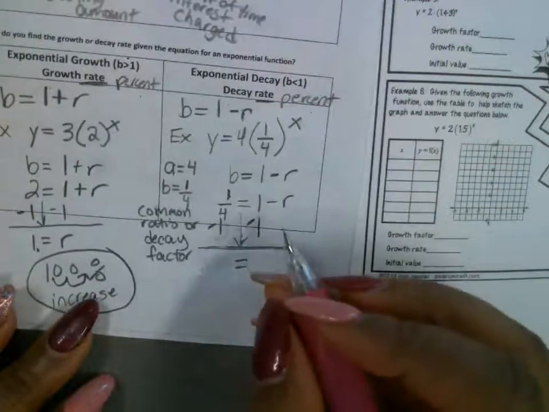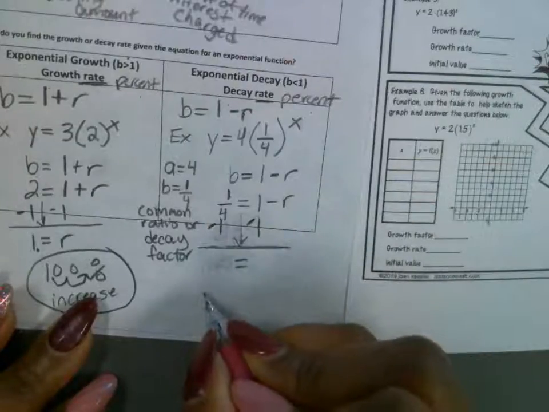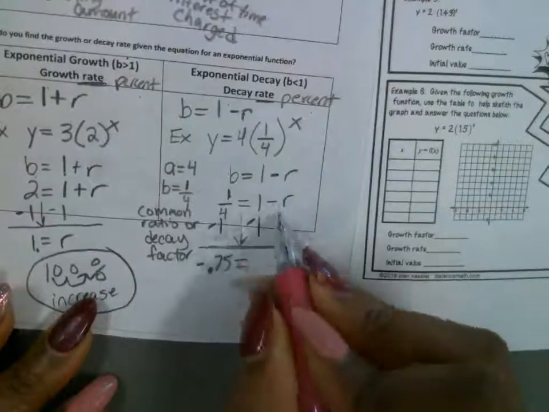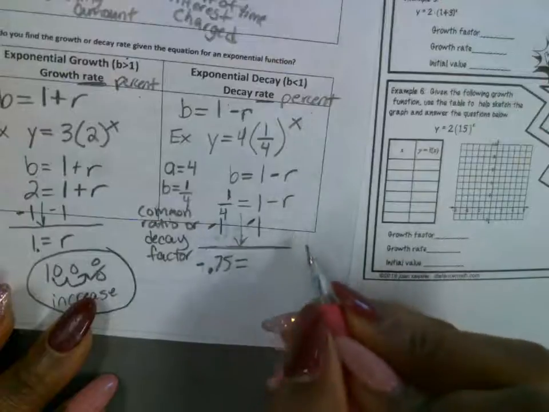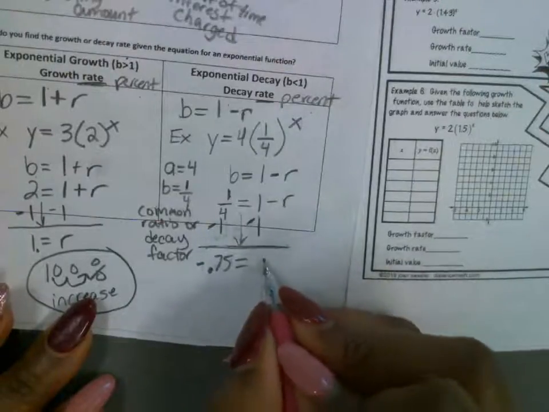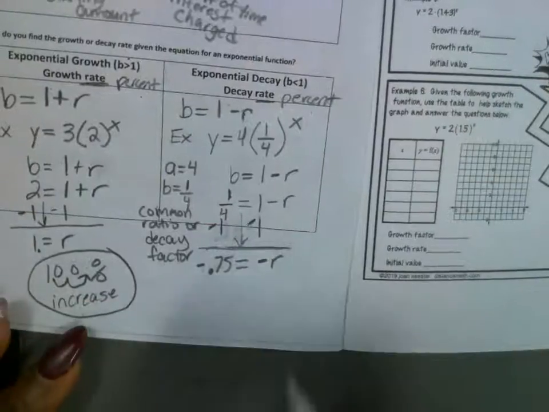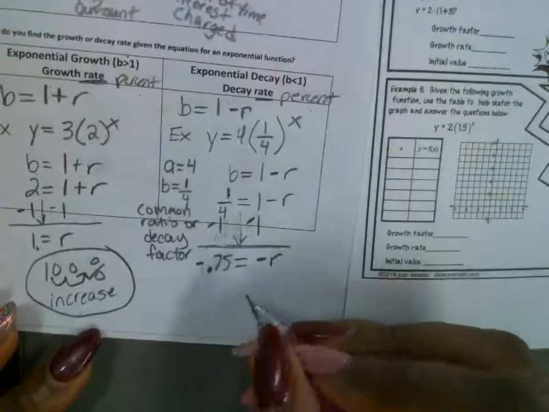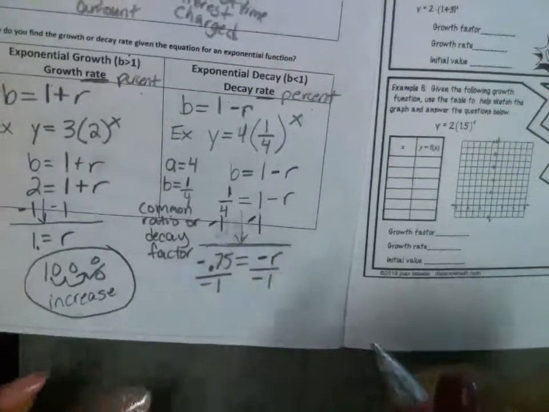Negative. Don't forget. Bring down the 1. Negative R. Good job. So now how do we get rid of the negative? Divide by -1.